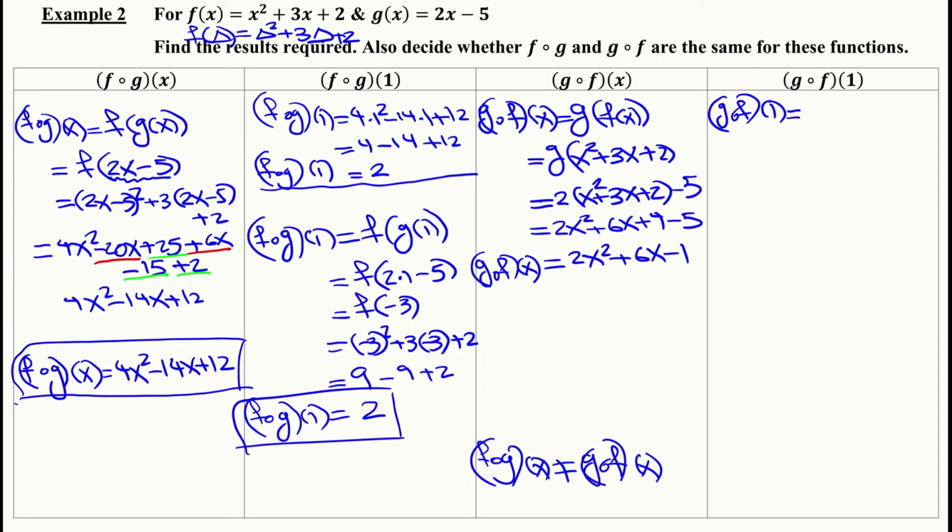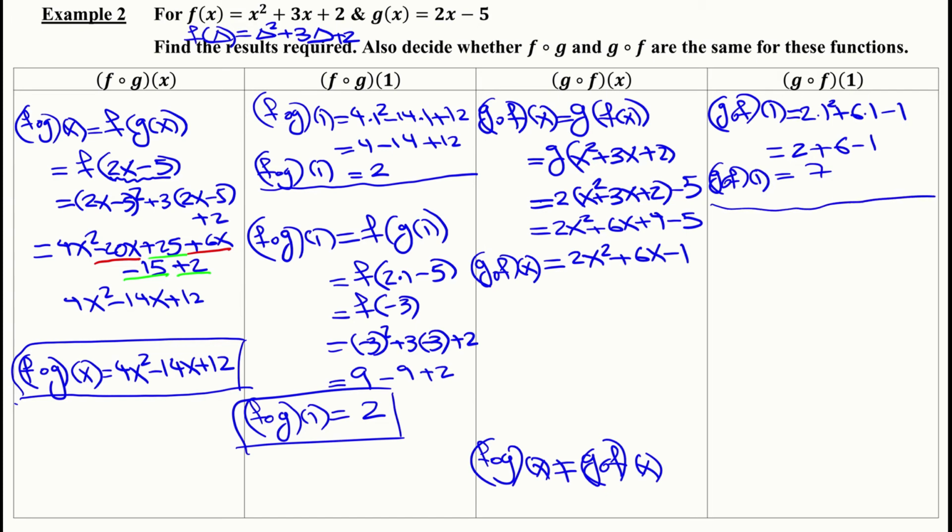So we get 2 times 1 squared plus 6 times 1 minus 1. So we get 2 times 1, which is just 2, plus 6 minus 1, which is 8 minus 1, which is 7. So that is g circle f of 1.